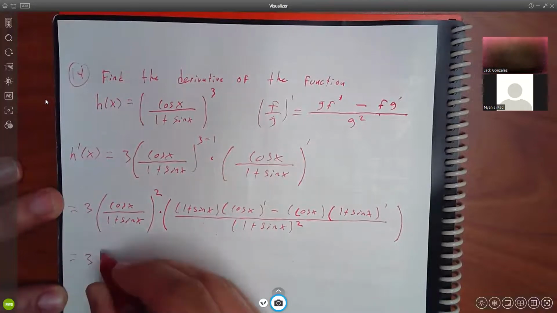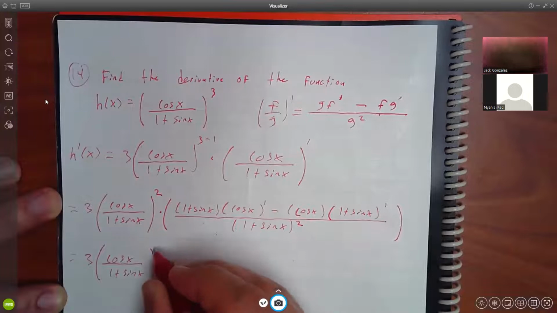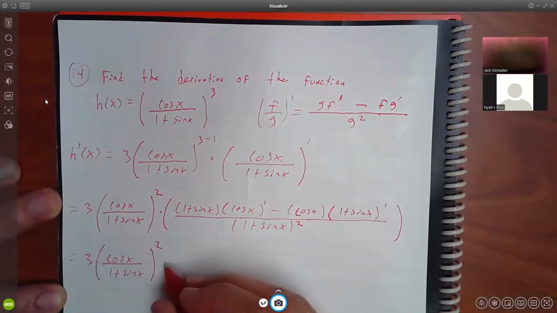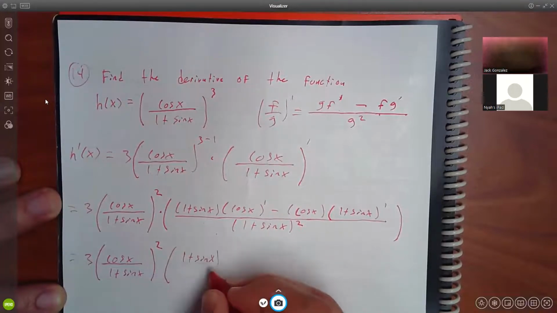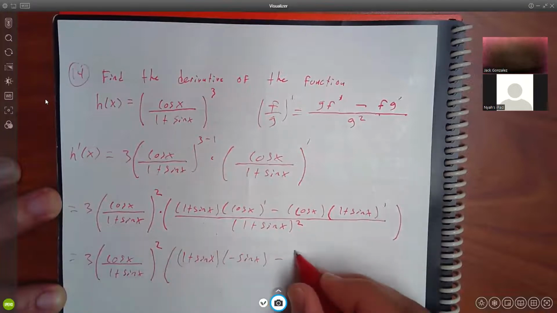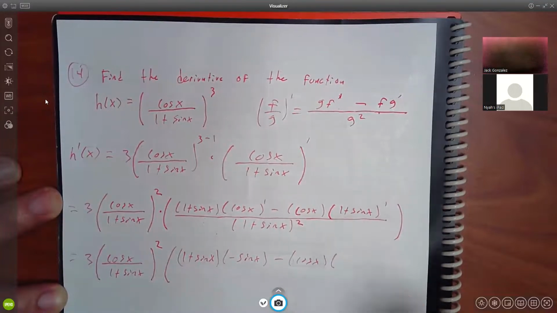Derivative of cosine is going to do what? Negative sine. So the 1 plus sine times negative sine, minus cosine times the derivative of 1 plus sine.